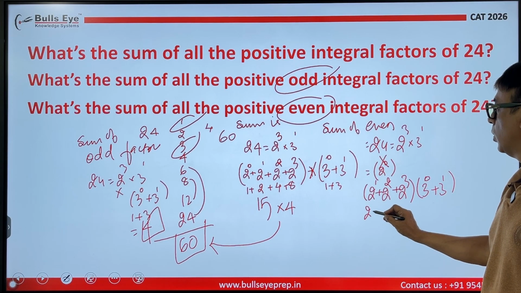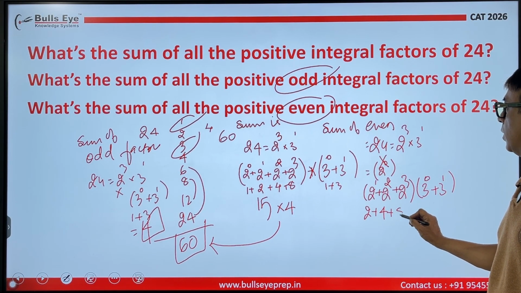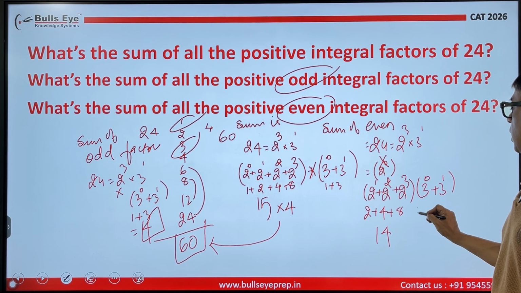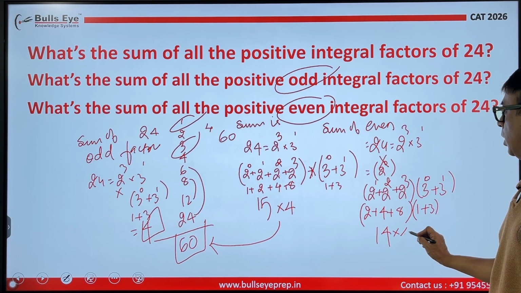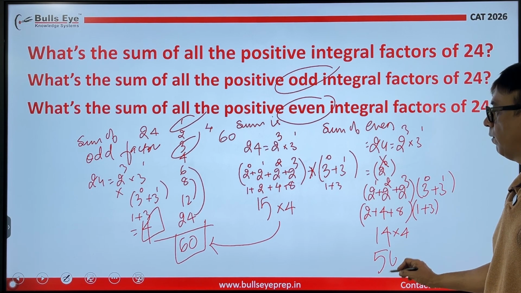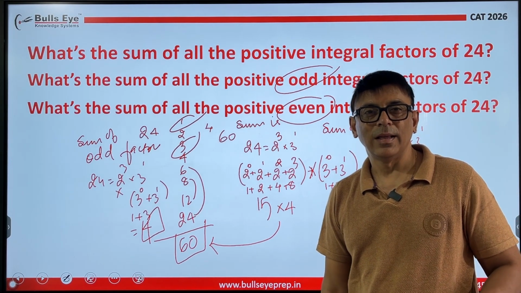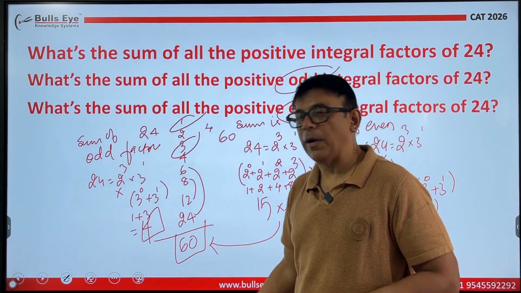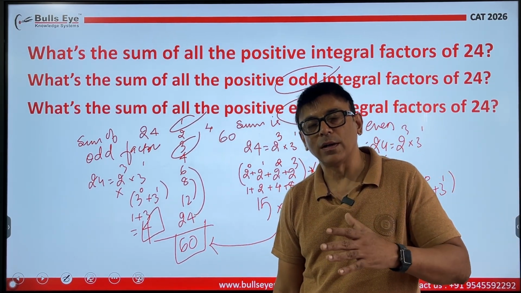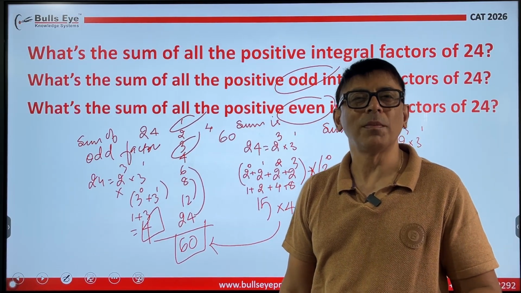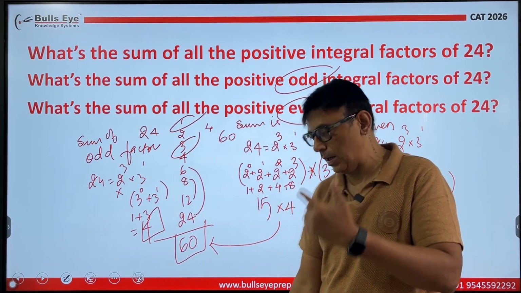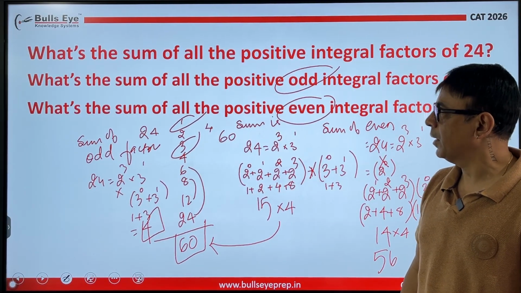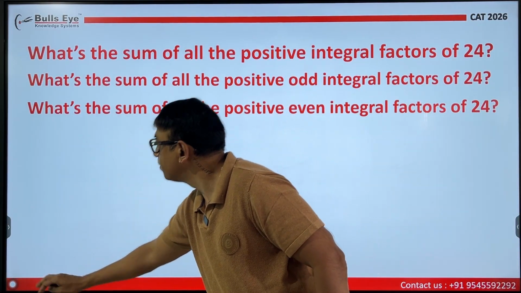So this is 2 plus 4, 6, 6 and 8, that's 14, and this is 1 plus 3, that is 4, and 14 into 4 is 56. Ideally, you can find the total sum of factors, and you know the odd, so total minus odd gives the even. But if you want to know what is the maths behind it, this is it. So that is summation.